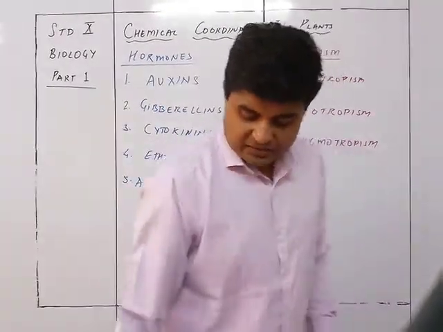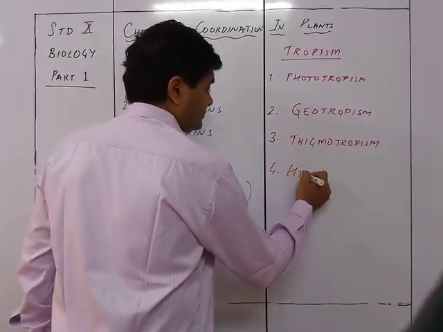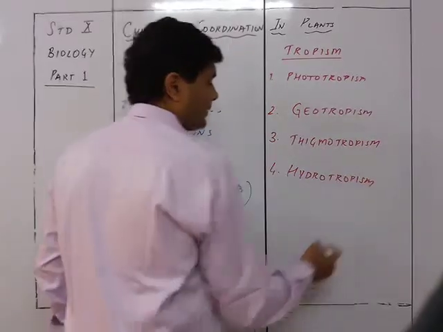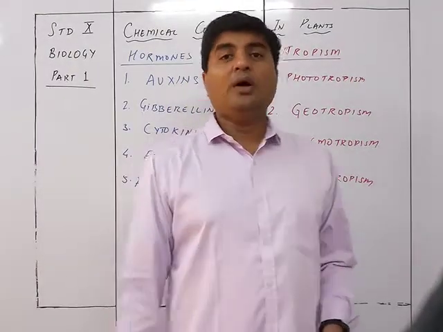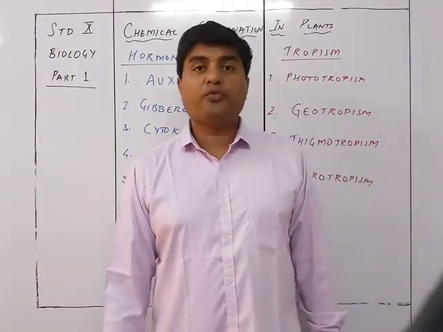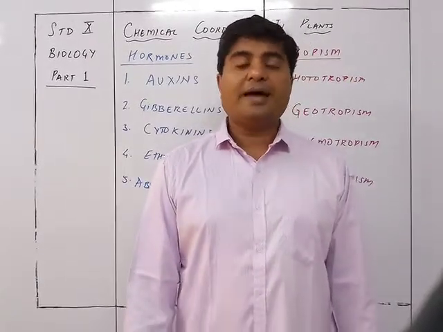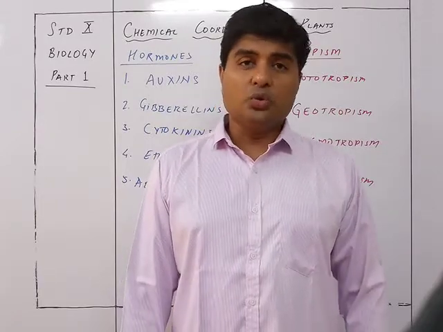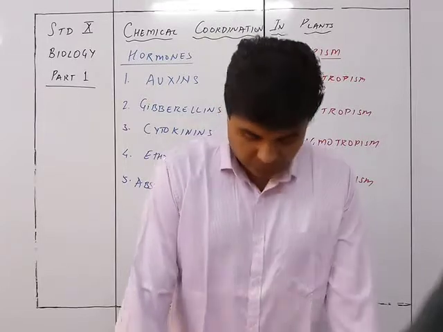The next is very important: hydrotropism. Hydro means water. So the presence of water is the stimulus that decides the direction in which the plant grows, and of course that is related to the roots, positive for the roots and negative for the shoot.